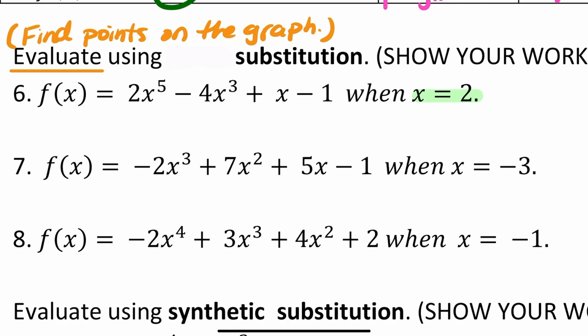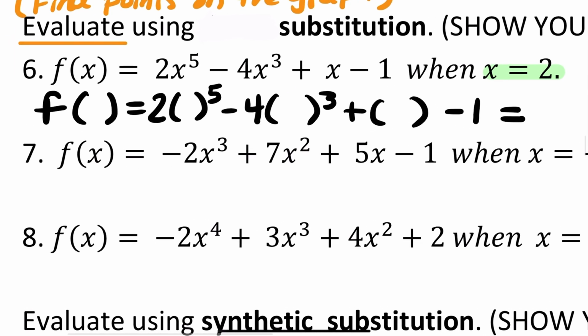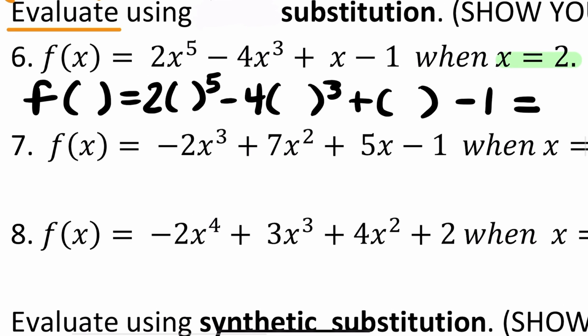So the first thing I'm going to do is copy the problem again, but we're going to leave the x's blank because we'll be replacing the x's with positive 2. So again, anytime you're doing substitution, make sure that you use parentheses to substitute.